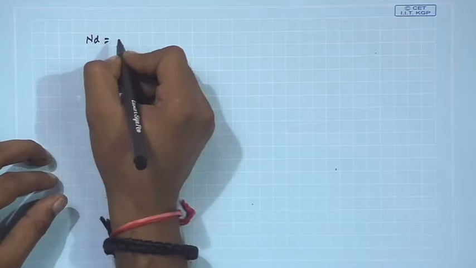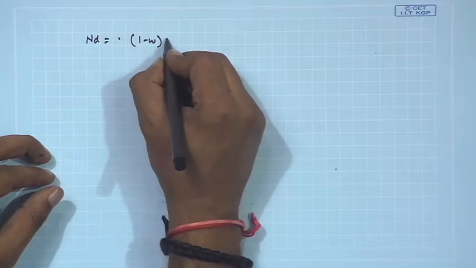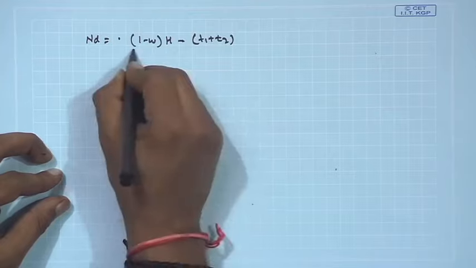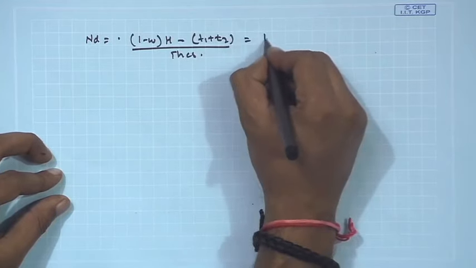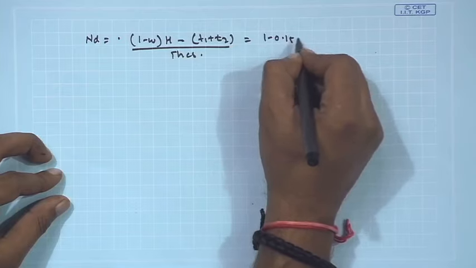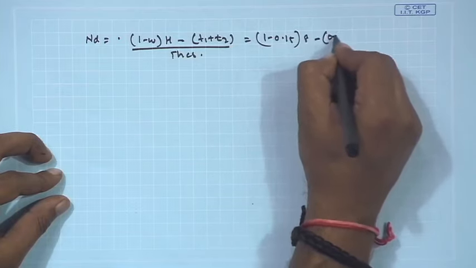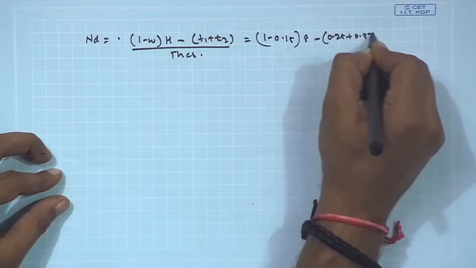So ND is equal to (1 minus W) H minus (T1 plus T2) by THCS. 1 minus W, W is 0.15, H is equal to 8 hour, minus T1 which is 0.25 plus T2 which is 0.33.